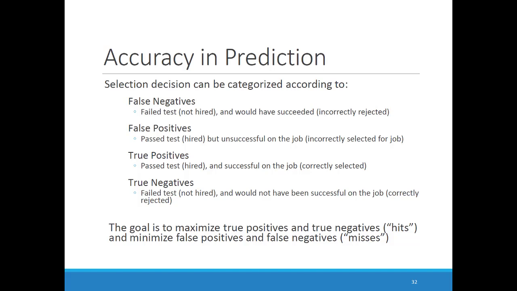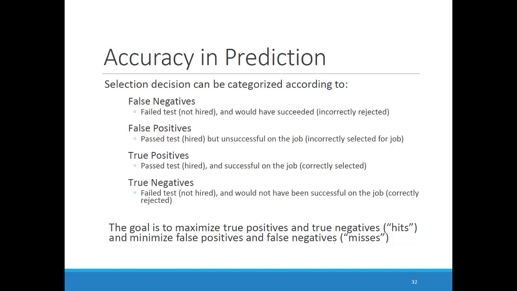So in other words, they were incorrectly rejected from the job based on their test score, but they would have done well in it. False positives are people who passed the test and were hired, but were unsuccessful on the job. So in other words, they did well in the test and they were hired, and then they didn't do as well in the job. So they were incorrectly selected for the job.